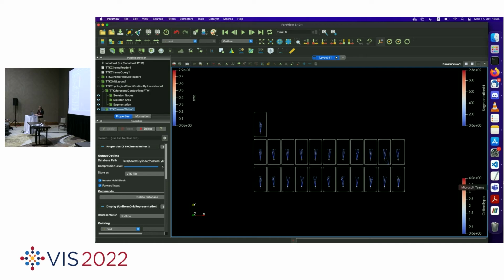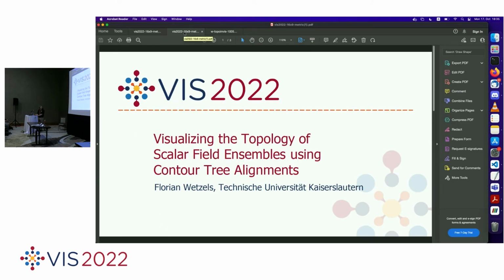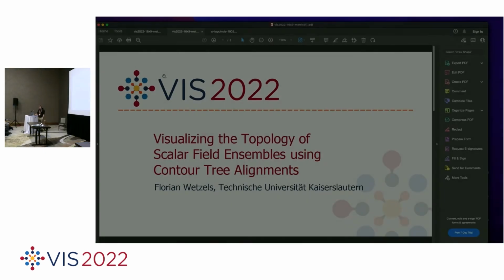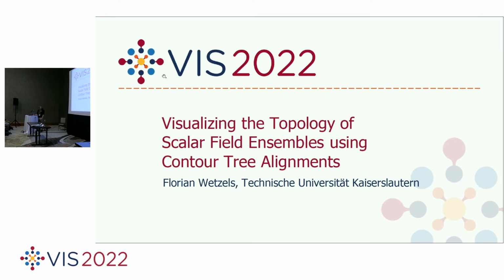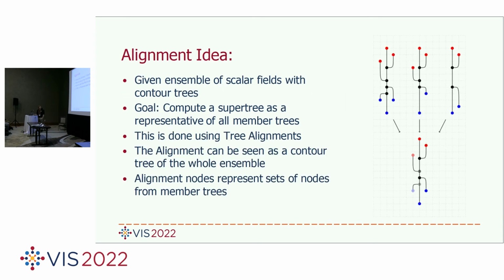Okay, so now we'll switch to the contour tree alignment part, and it fits quite nicely because it makes heavy use of these multi-blocks and cinema databases. First, what are contour tree alignments? Or maybe first agenda, but let's skip this because the schedule changed a lot.